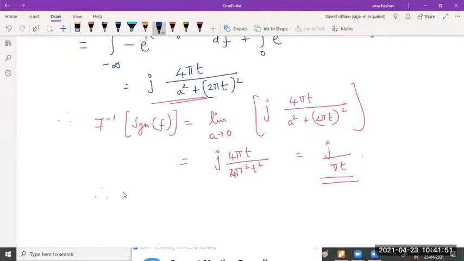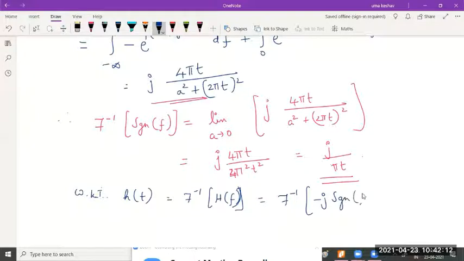Therefore, what had we defined h of t as? We know that h of t was defined as the inverse Fourier transform of h of f, which is the inverse Fourier transform of minus j signum of f, which means it is minus j into the inverse Fourier transform of signum of f.